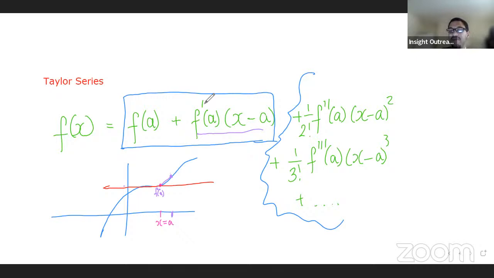So even if you're a mathematician planning on going maybe into theoretical physics or even theoretical chemistry, sometimes you can approximate potential energy using some Taylor series.